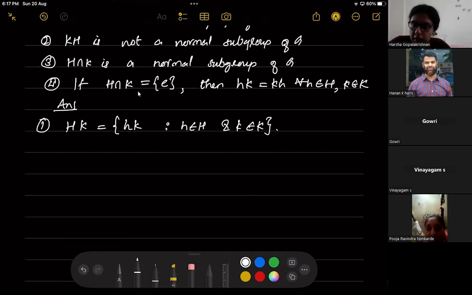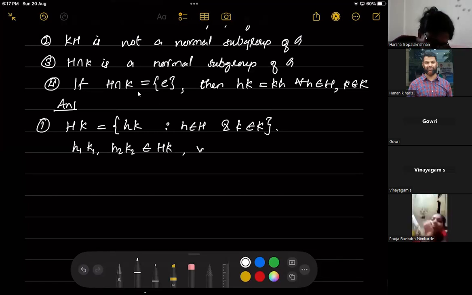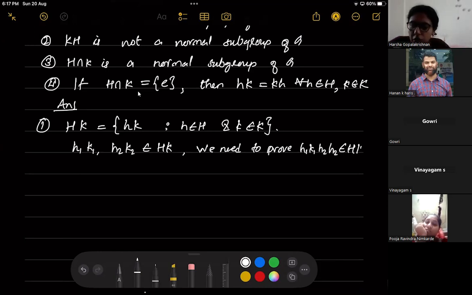So first we will start with the closure property. I am taking 2 elements h1k1, h2k2 in HK. So what we need to prove? Closure property we need to prove. In order to prove the closure property, we need to take 2 elements from HK and prove that under the binary operation, whatever element we get should also belong to HK.